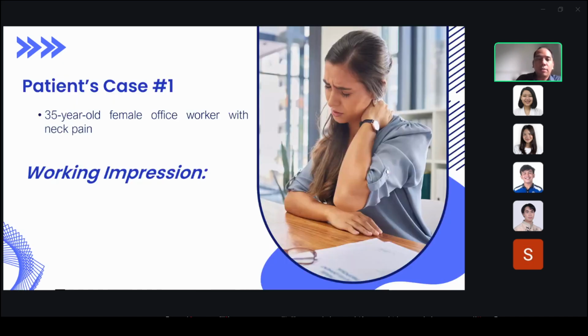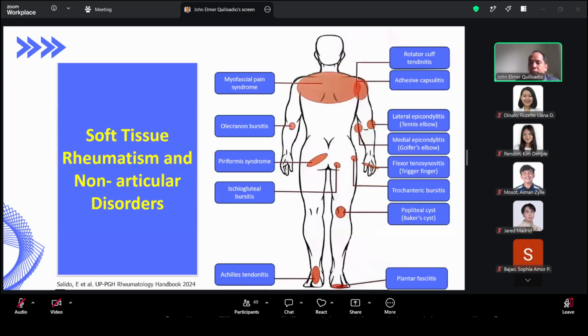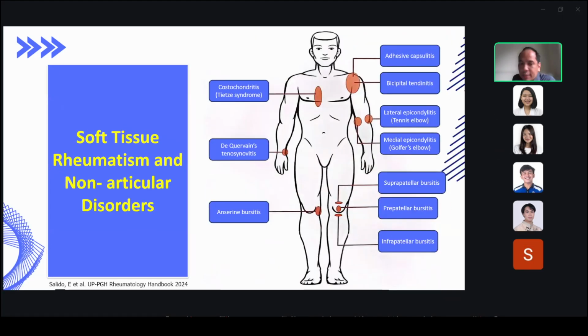Now, let's go back to our case because we need to revisit our patients. For our first patient, a 35-year-old female office worker with neck pain, what is your impression? Think of the possible diagnosis. Healthy back.